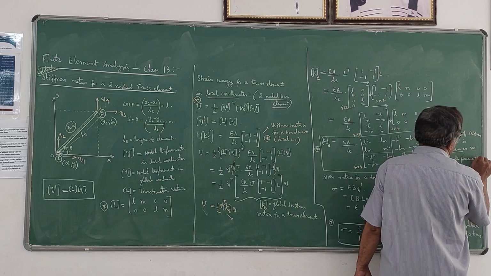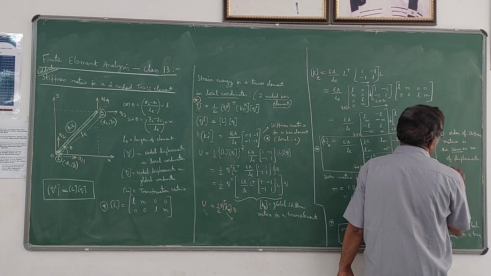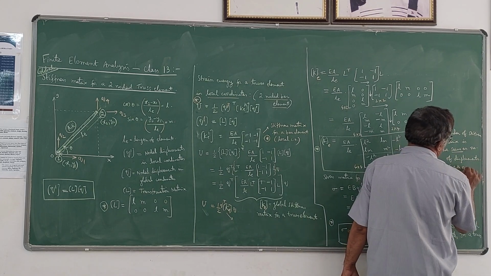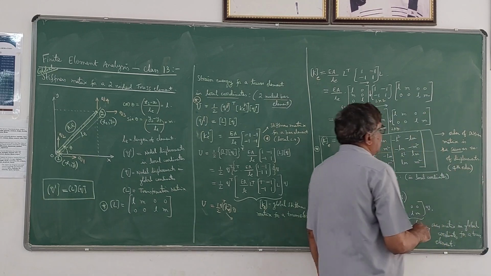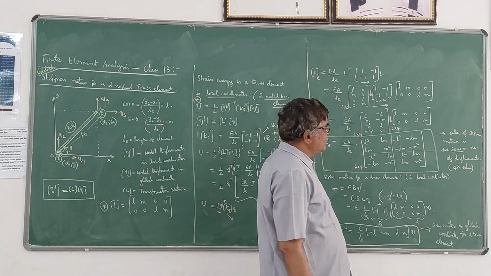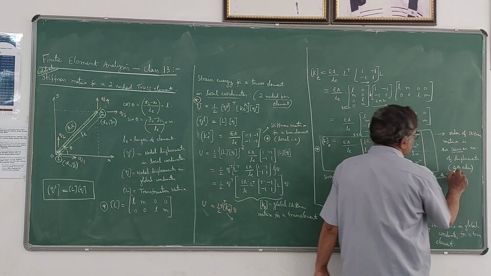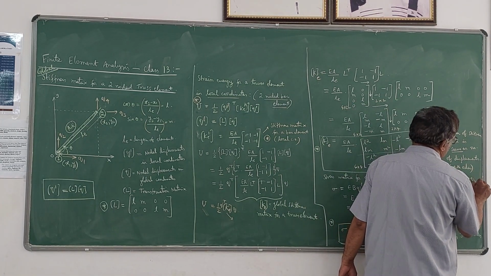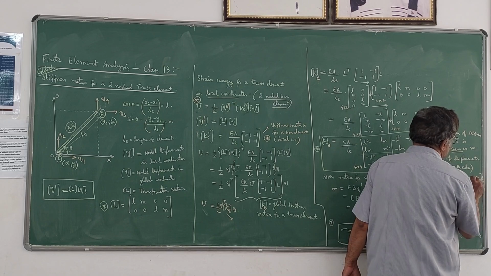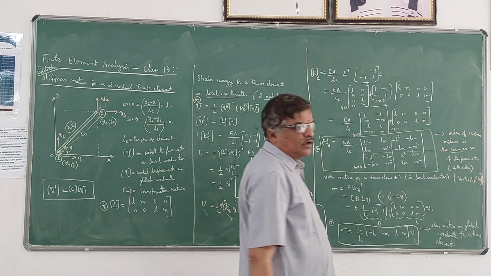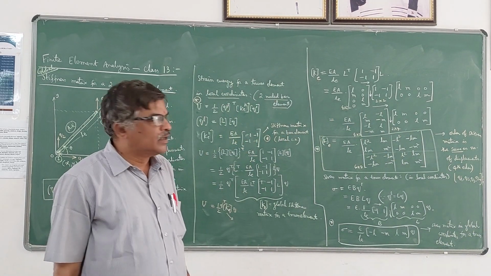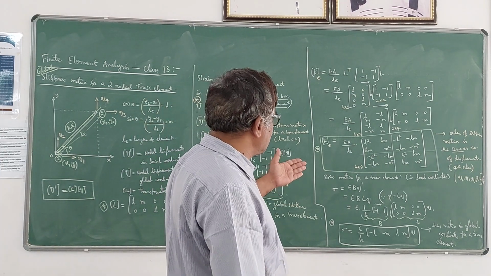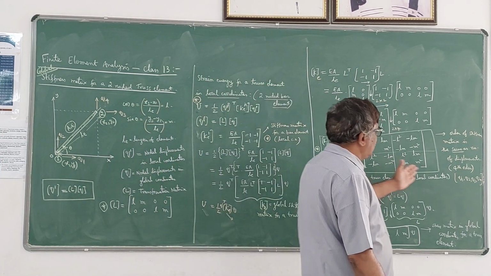Since here there are 4 displacements, this will be of 4th order. 4th order means there will be 4 rows and 4 columns. The displacements are Q1, Q2, Q3, Q4. 4 independent displacements are there, 2 at each node. So, the order of the stiffness matrix also will be 4th order.